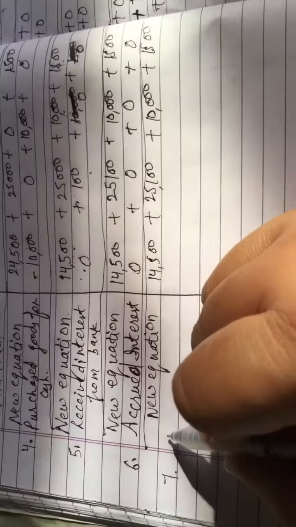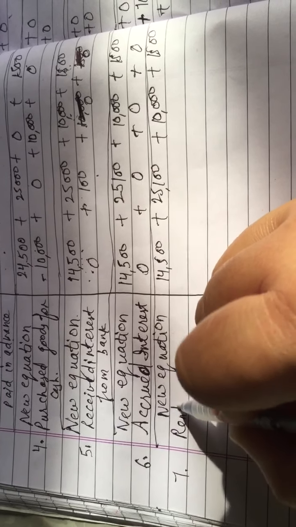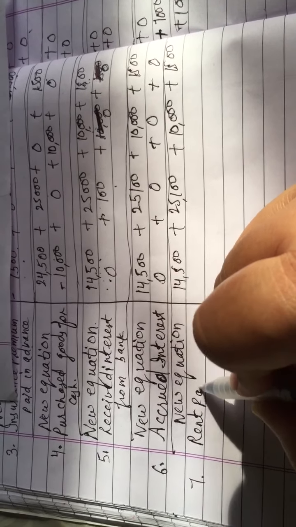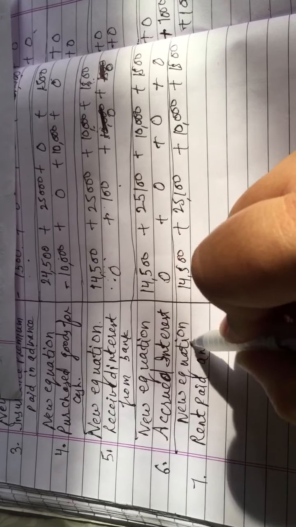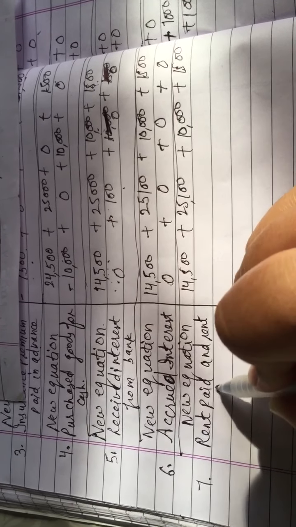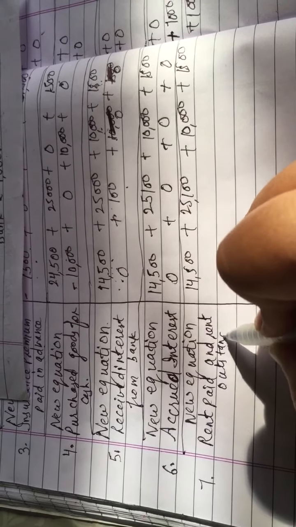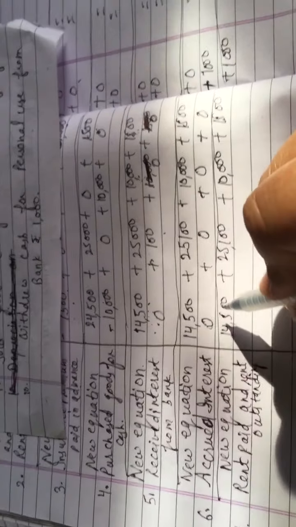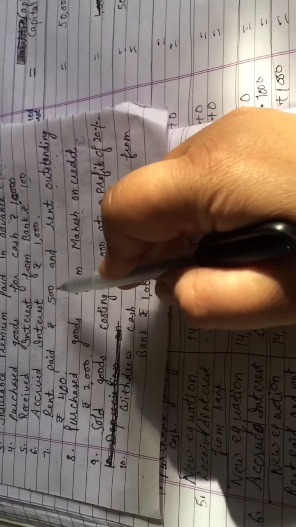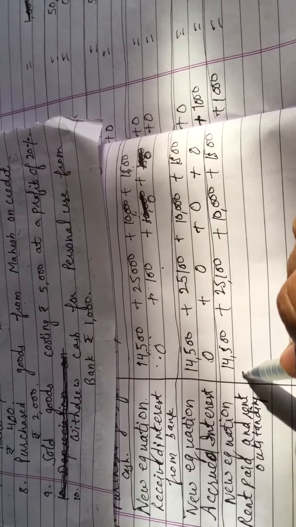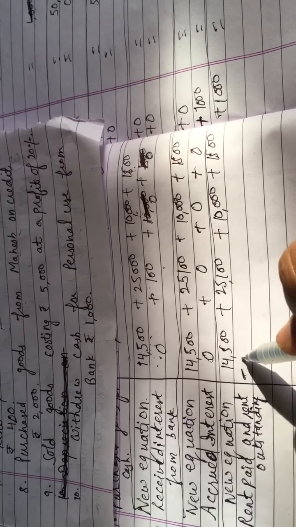Number 7. Rent paid and rent outstanding. That is, we have paid rent rupees 500. So cash will decrease by the amount of expense that we have paid, not outstanding.